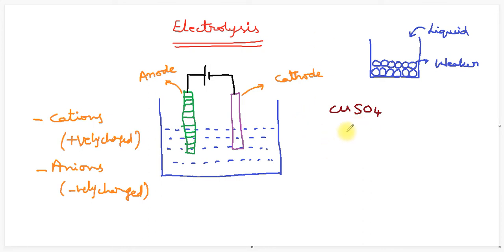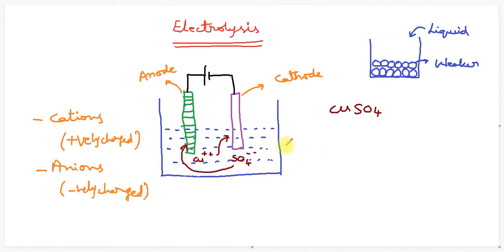Then this CuSO4 becomes Cu++ and SO4--. While we are giving the electricity, CuSO4 is divided into two ions: one is Cu++ and the second one is SO4--. Cu++ is attracted towards the cathode, and SO4-- is attracted towards the anode.